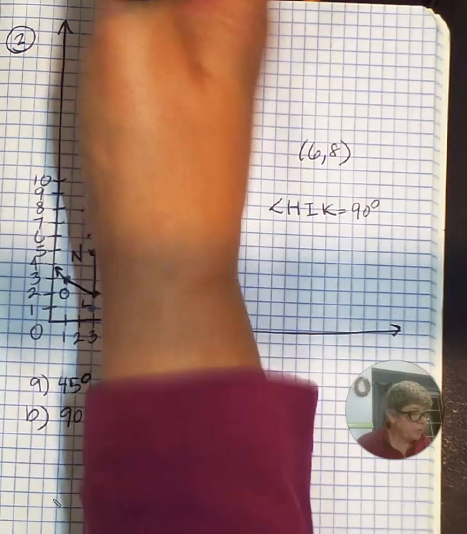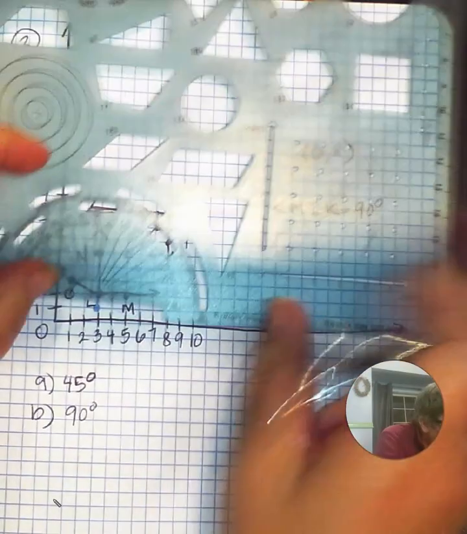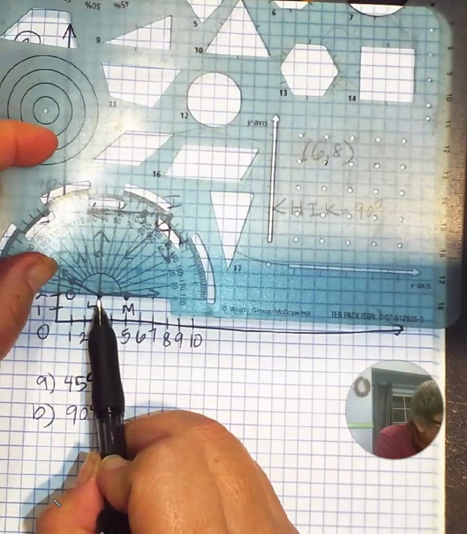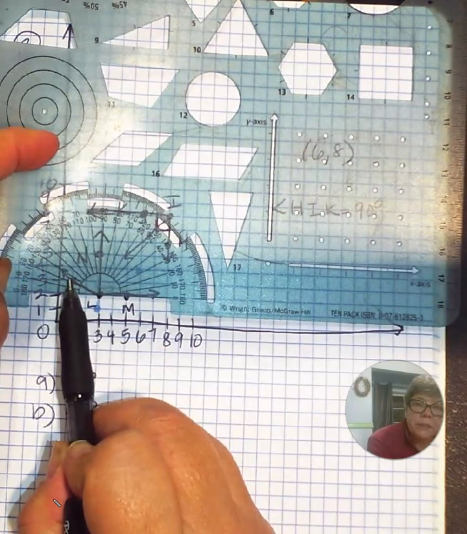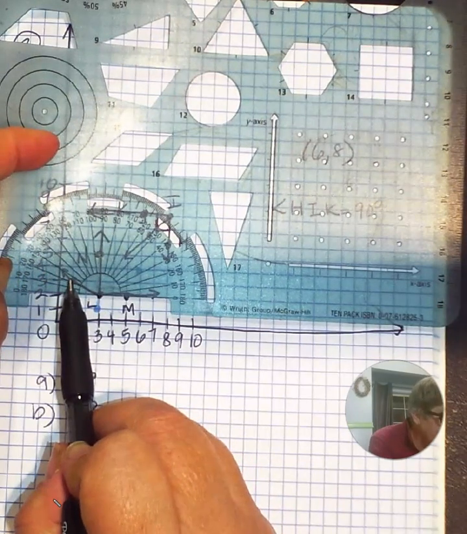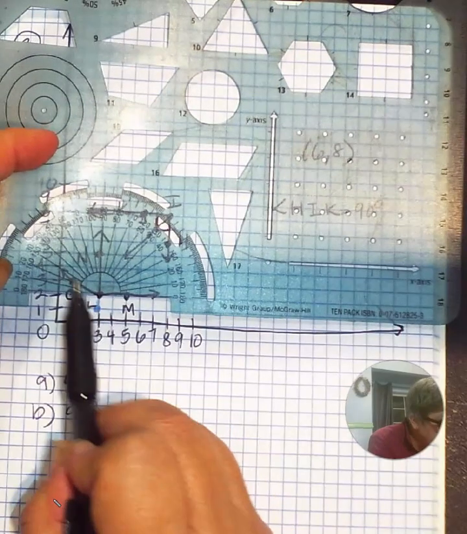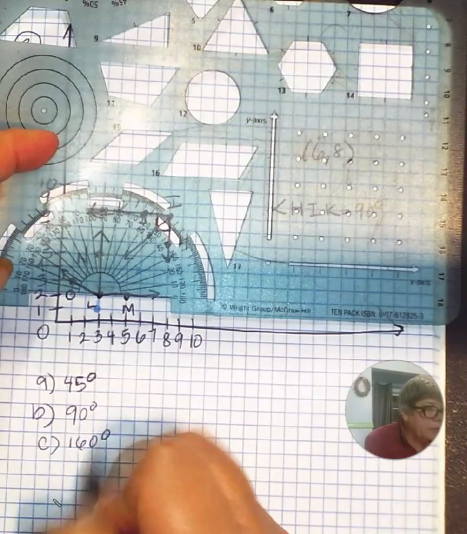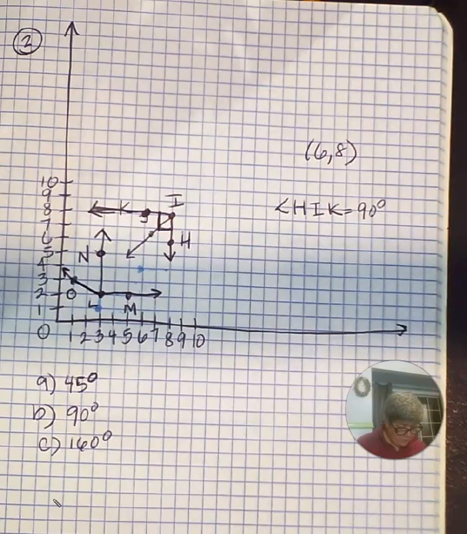Well, you're going to need to measure yours unless you put it exactly where I put mine. And we're going to have to put the dot where it meets up with the line in the middle. And we're going to have bigger numbers, bigger than 90 degrees now. So we're going to use the big numbers. And mine is going to be 160 degrees. Okay, so measure yours depending on what yours is.